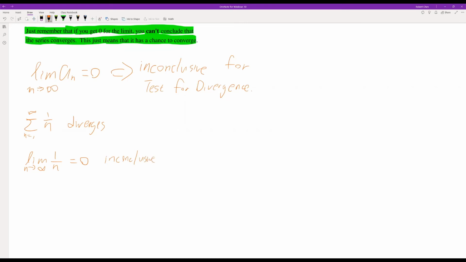You will have to use another test to show that this diverges. All right. And then we'll actually show that the infinite series of 1 over n diverges in the next section, 10.3.